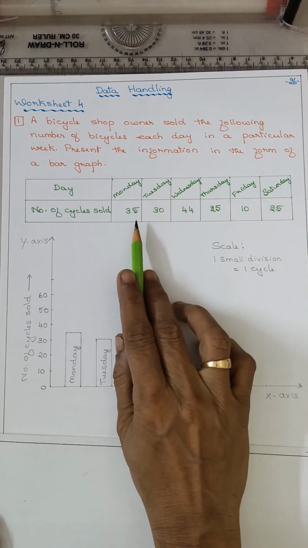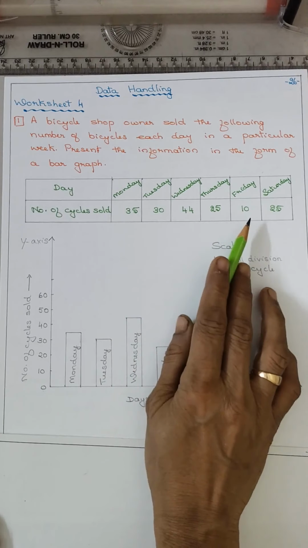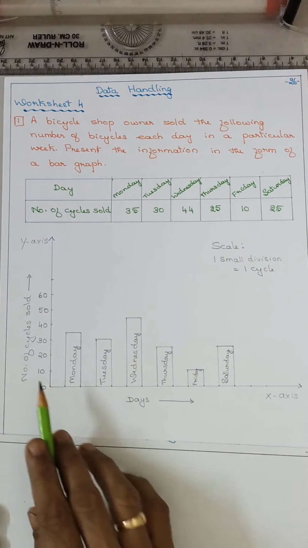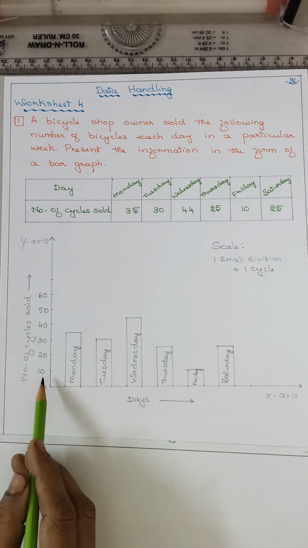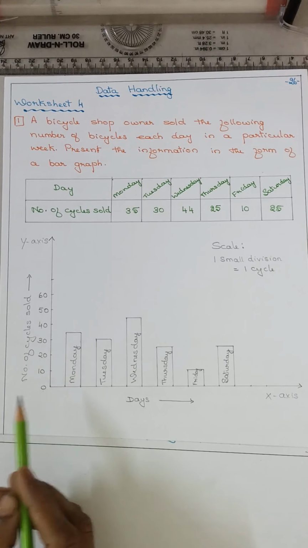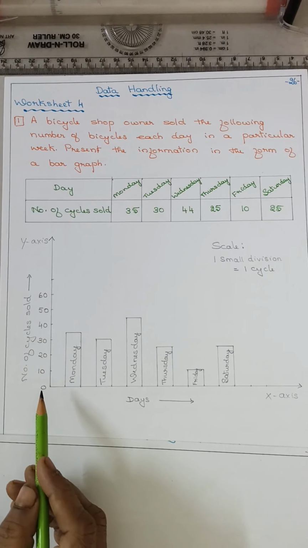Now see the numbers 35, 30, 44, 25, 10, 25. So you can take on the y-axis 10, means each 1 centimeter, that gap is divided into 10 equal divisions, isn't it?